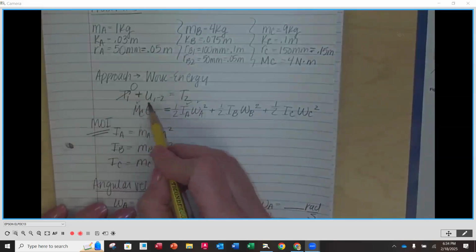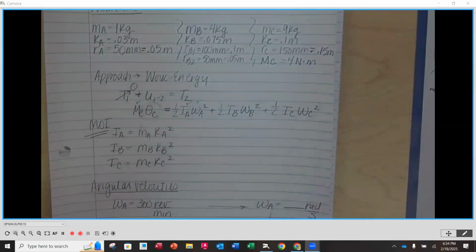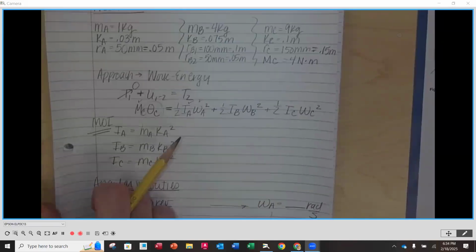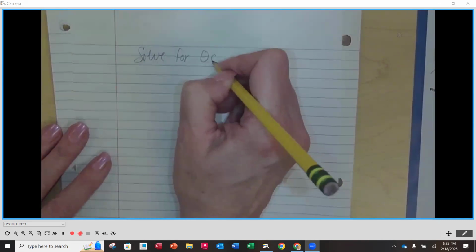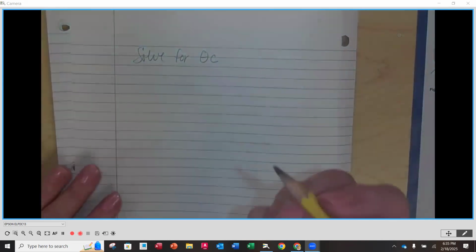Your only unknown then is going to be theta at C. So you're going to solve for theta C in the work energy theorem.